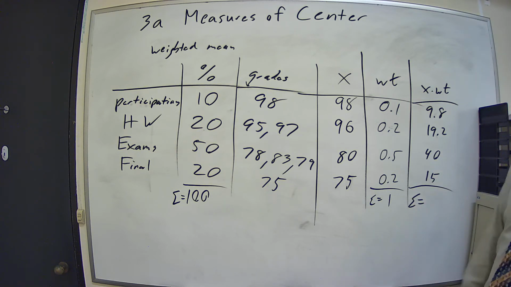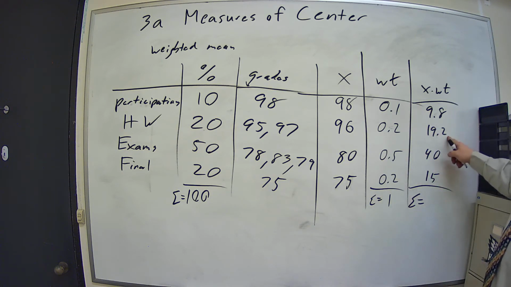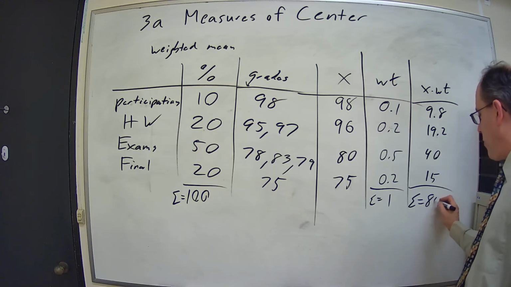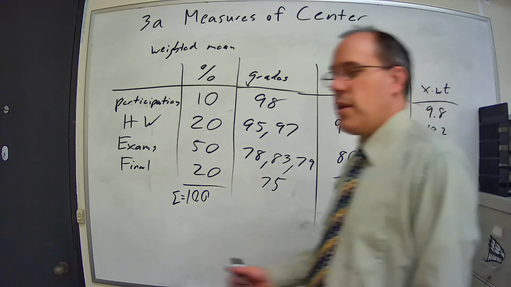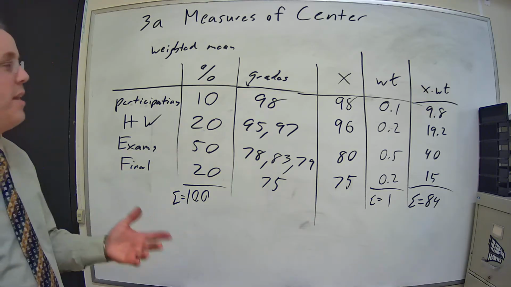And if I add those up, I'll have my grade in the class. So you have 9.8 plus 19.2 gives me 29, plus 40 gives me 69, plus 15 gives me 84. So what is the class grade? It's an 84, and that's the weighted mean.